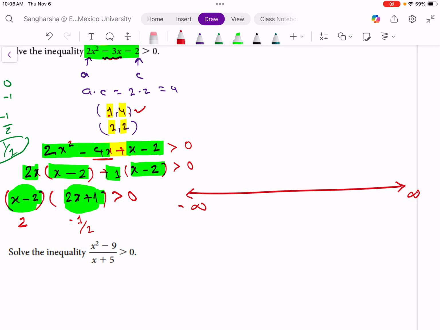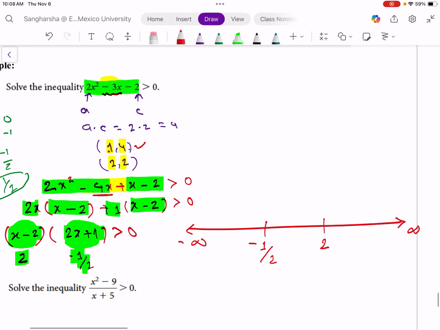We have 2 and we have negative 1/2. Negative 1/2 has to be on the left side of 2, so let's say 2 is here and negative 1/2 should be on the left side, since it's a negative number. So we are using the zeros to divide our number line. That's our next step.